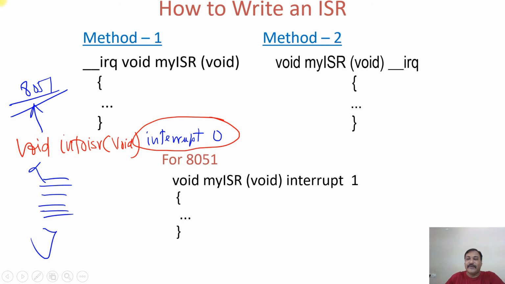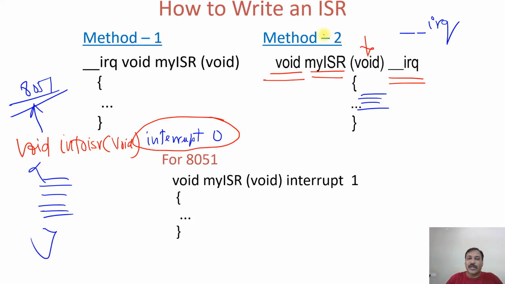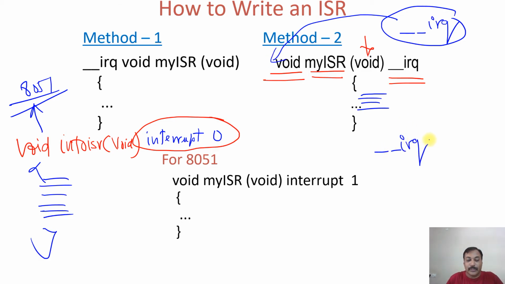Similar syntax, only with a minor modification. void, name of the ISR, again void. It is ended with a double underscore IRQ word. Double underscore IRQ means that particular function is an interrupt service routine. There is also another method. You can put this double underscore IRQ at the beginning also. So double underscore IRQ, then void my ISR.